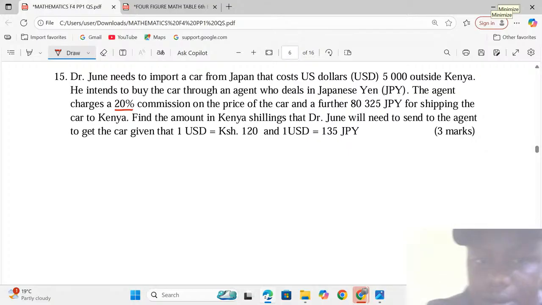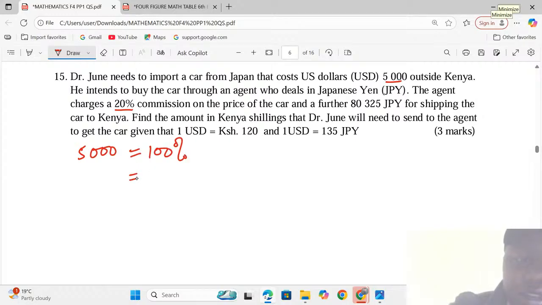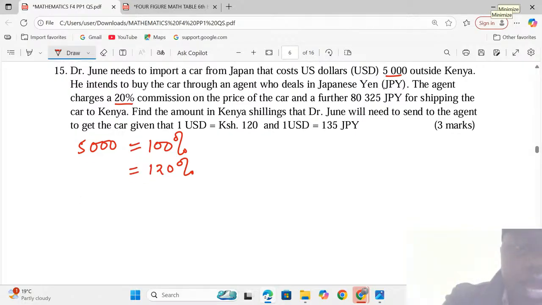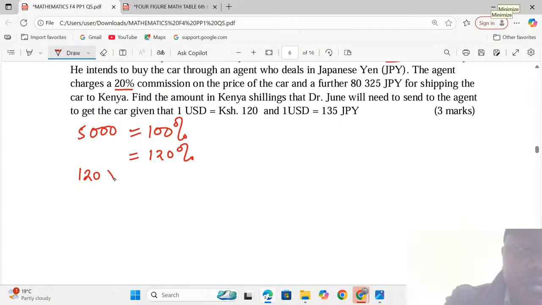So when this person charges Jane 20% instead of 5,000, which is now 100%, after giving the commission, Jane is supposed to hand over 120% of the cost of the car, which is 120 times 5,000 out of 100.